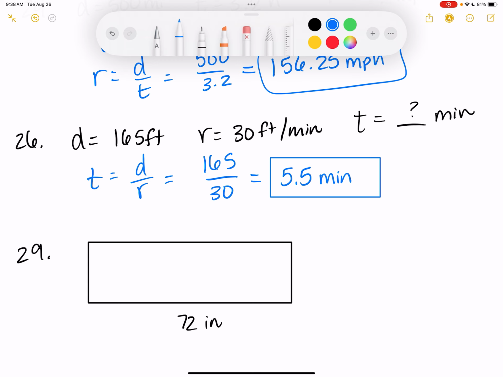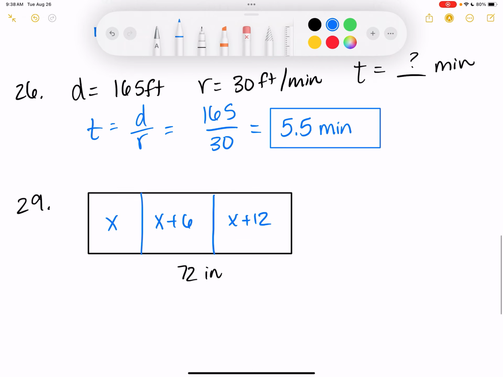No. So we're going to call that X. The second piece is X plus 6 because it's 6 inches longer than the first piece. And then the last piece is 6 inches longer than the second, so it would be X plus 12. Plus 12 equals 72.